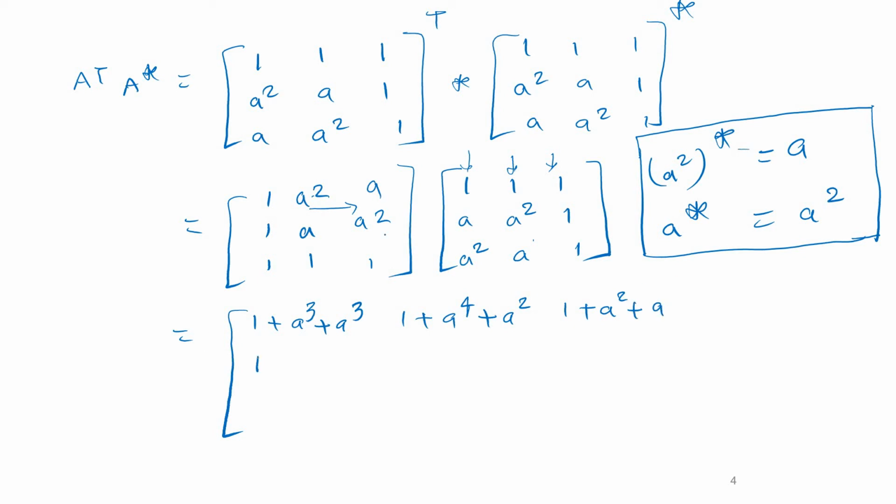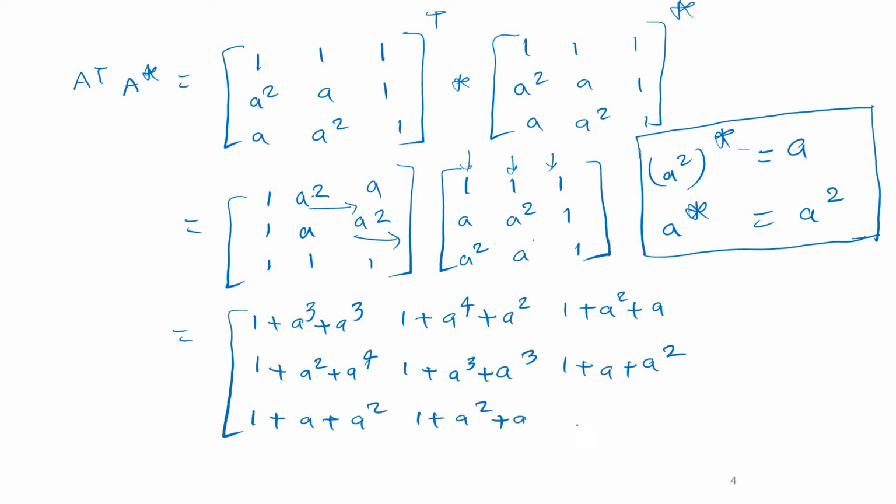Next, second row: 1 plus a square plus a power 4, 1 plus a cube plus a cube, 1 plus a square plus a. Third row: 1 plus a square plus a, 1 plus a square plus a, 1 plus 1 plus 1.